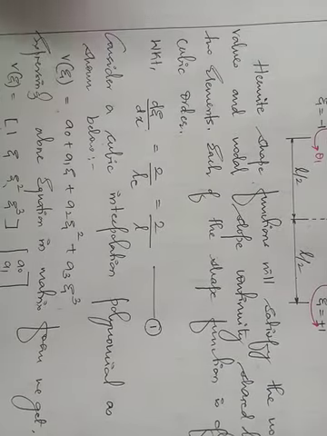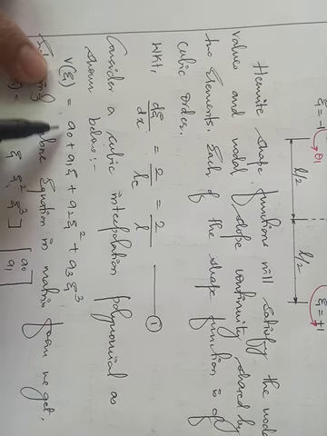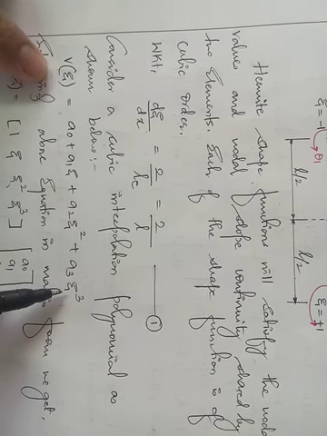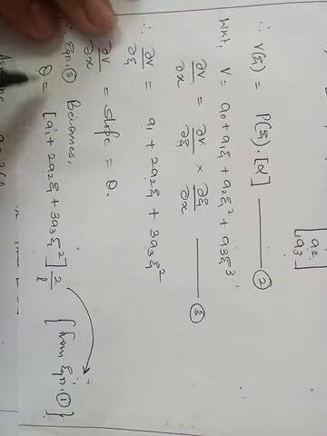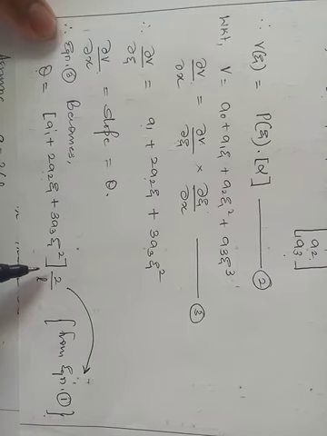In this equation, I am going to apply the boundary condition to get the vertical or transverse deflections, and in this other equation I am going to apply the boundary condition to get the slopes.